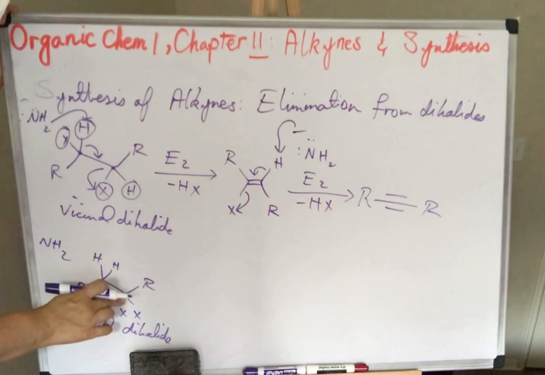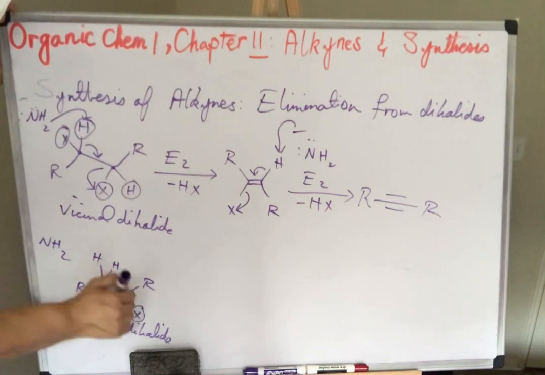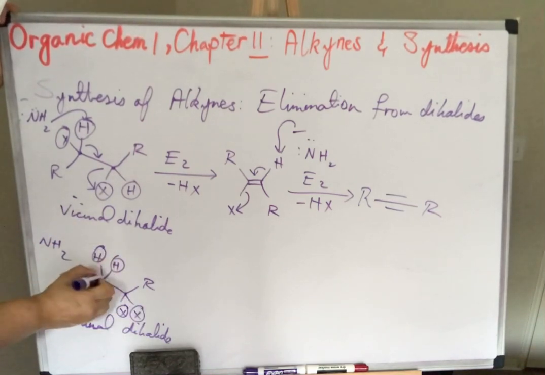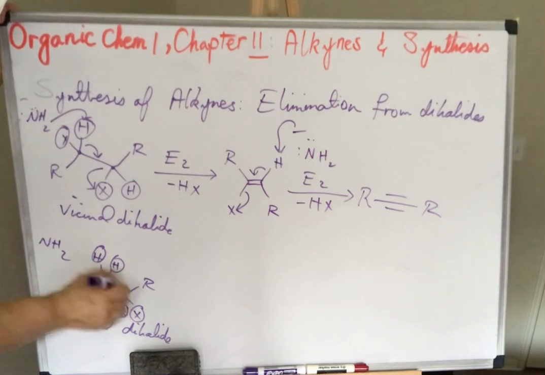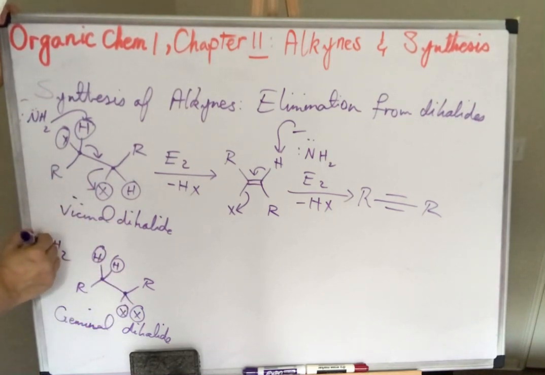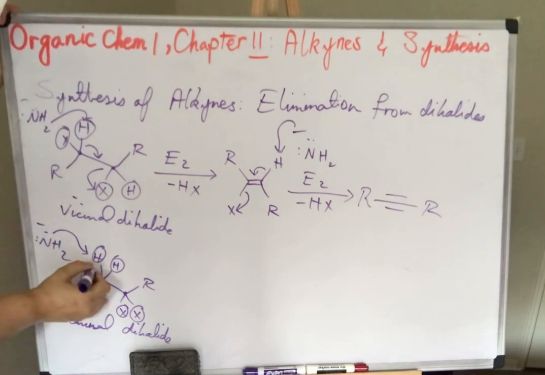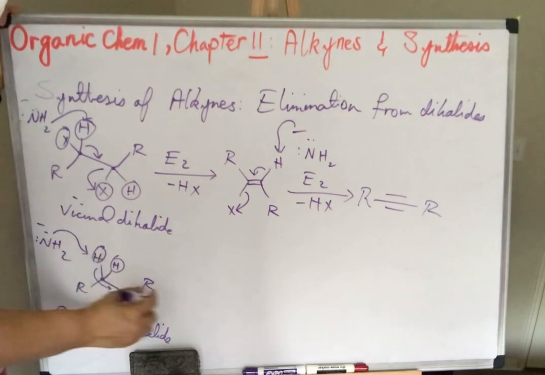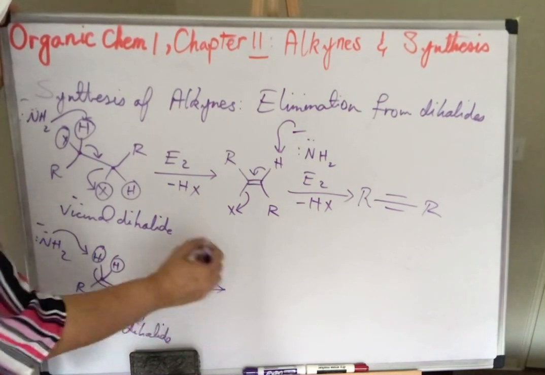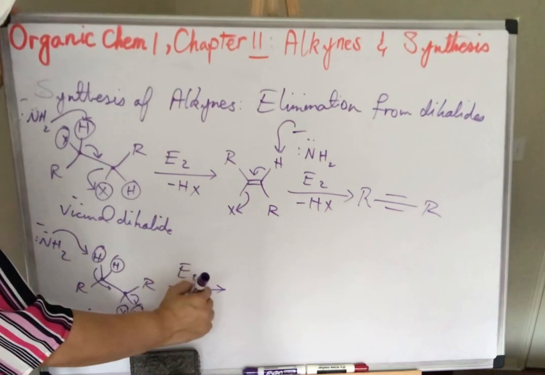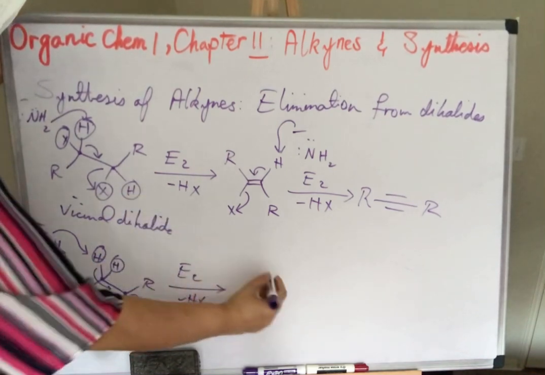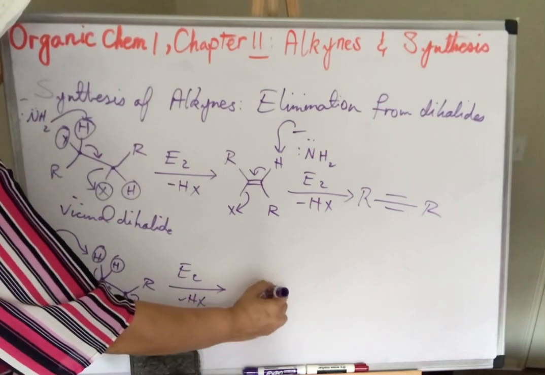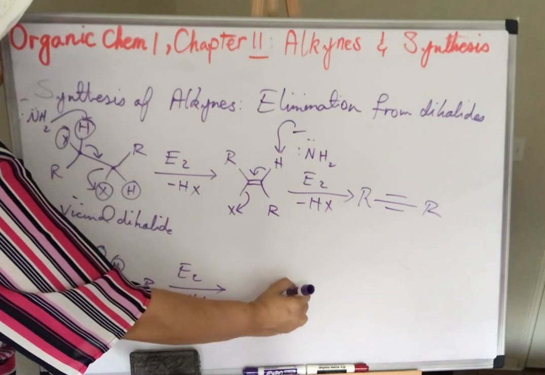Geminal carries the halogens on the same carbon, and the adjacent carbon must carry 2 hydrogens. These are the conditions for this elimination. So one of the hydrogens will be removed through an E2 reaction. One of the halogens, which are definitely in the anti-position, will leave. So you will end up having an alkene again.